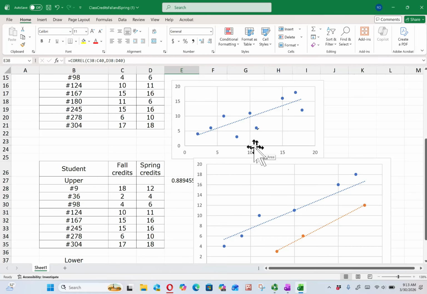So this is one use for correlation, is to separate groups and to look for groups. And there is a whole area of analysis that basically separates things into groups and trying to find patterns in groups.